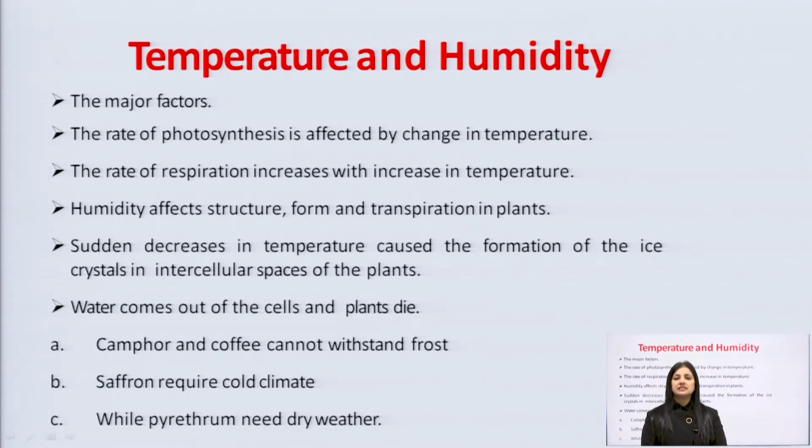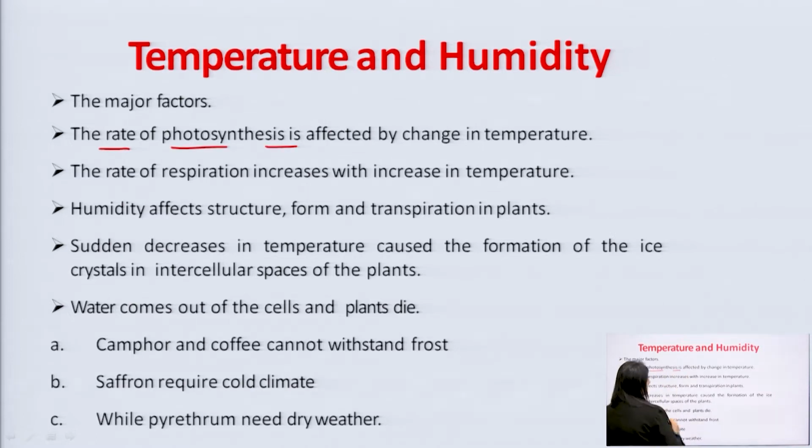Another factor is temperature and humidity. These are also very important factors for the growth of the plant. The rate of photosynthesis is affected by the change in temperature and hence it affects the growth of the plant. The rate of respiration increases with the increase in temperature.